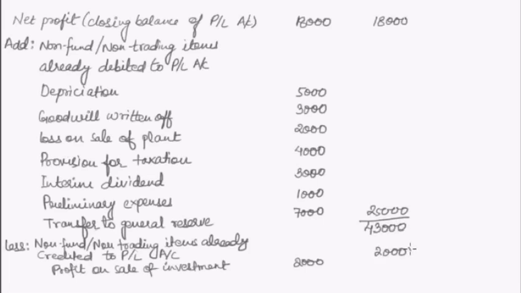If we deduct 2,000 from this, we have 41,000 as our fund from operation. So this is how we calculate fund from operation. Hope this video helps you. Thank you for watching this video.